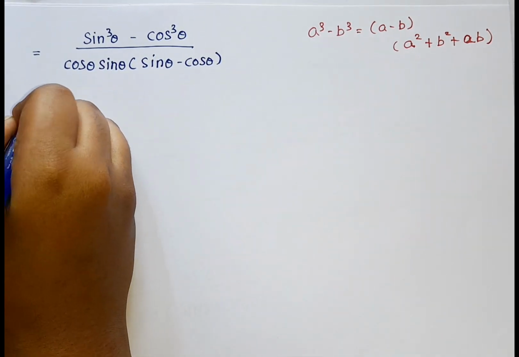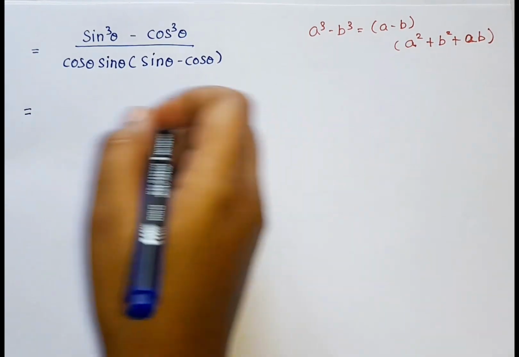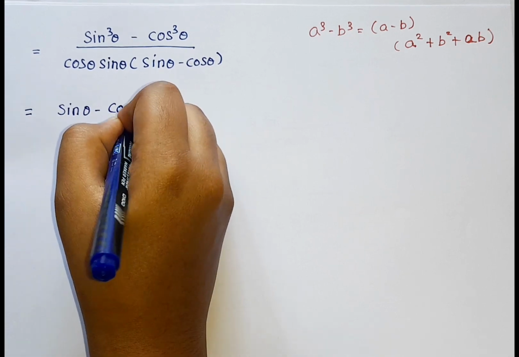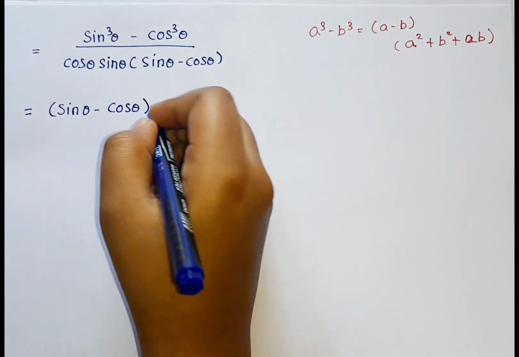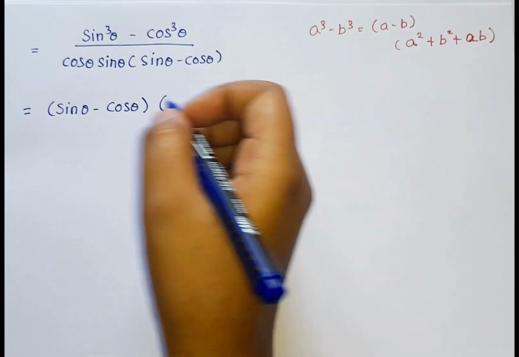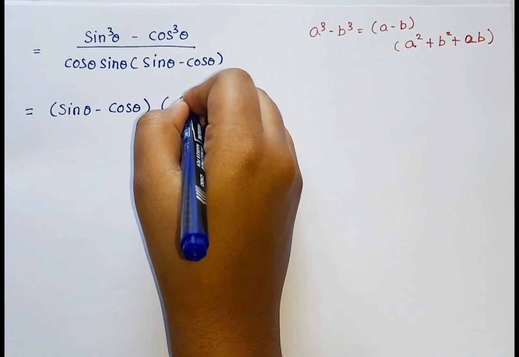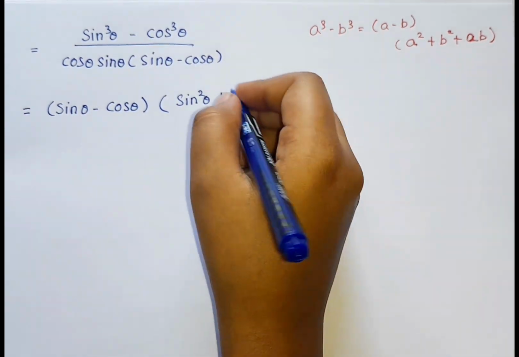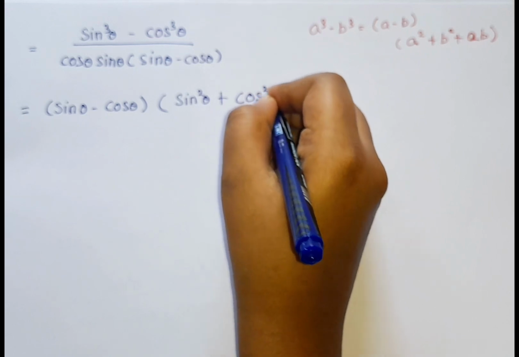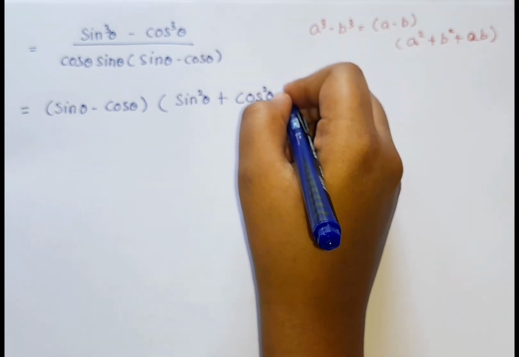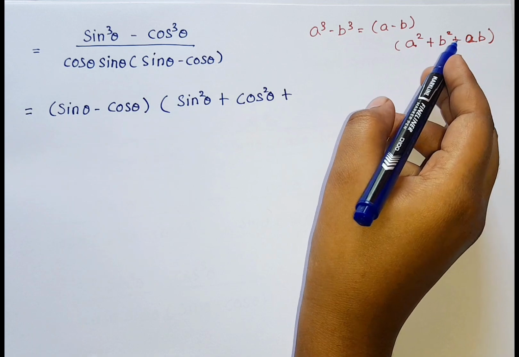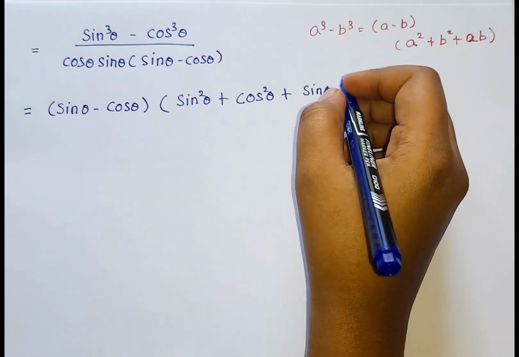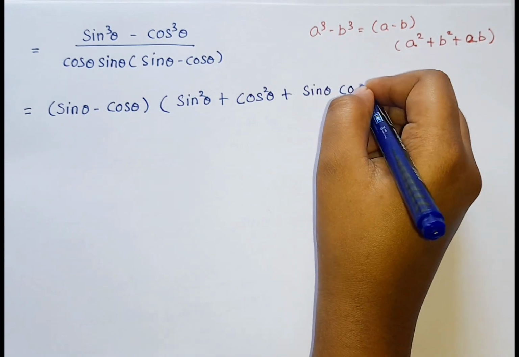So a minus b, a is sin, so sin theta minus cos theta, and then bracket a square, sin square theta, plus b square, cos square theta, and then plus a into b, so sin theta into cos theta.